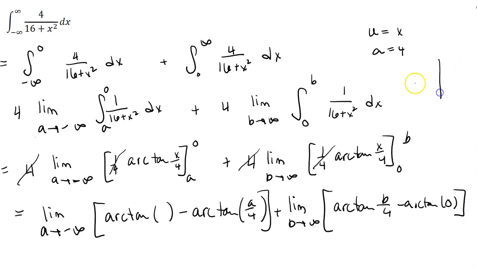And we know that tangent of x, if this is pi over 2 and this is negative pi over 2, if you think back to its graph, it makes this nice pretty curve, and we know that the arctangent of 0 is actually 0.